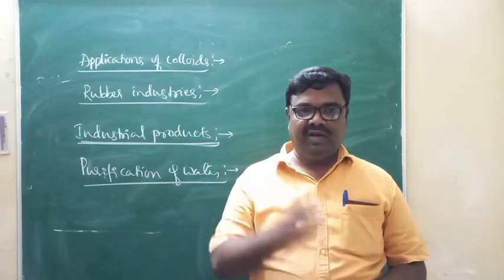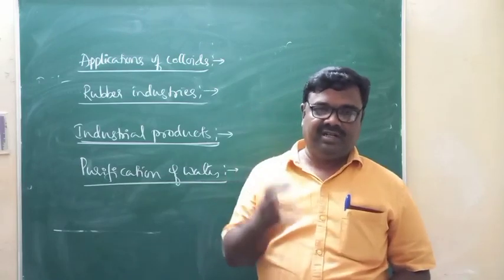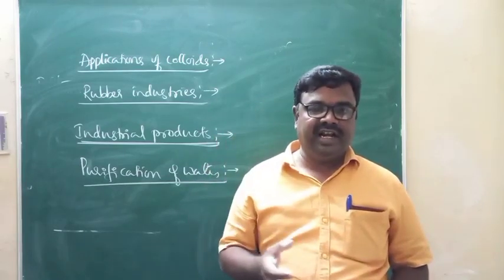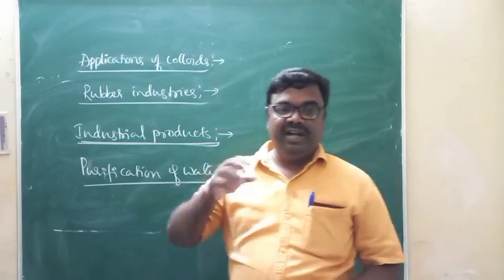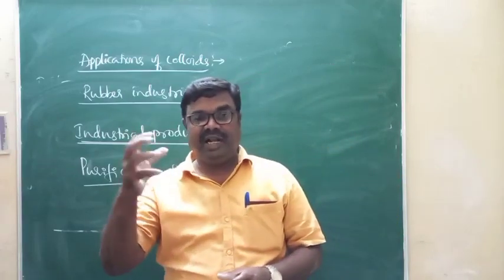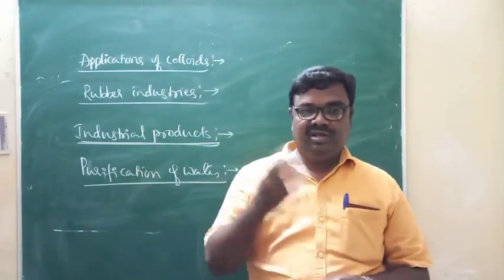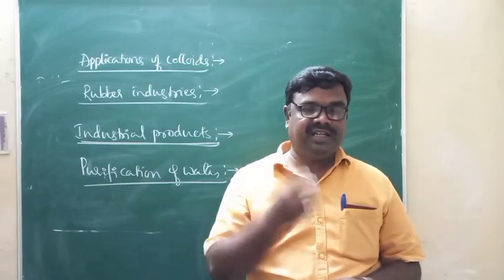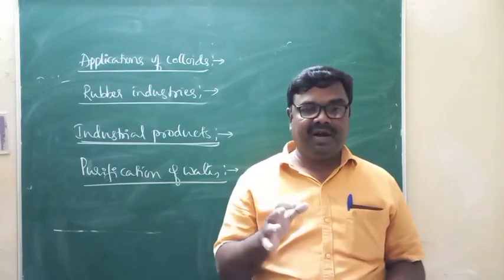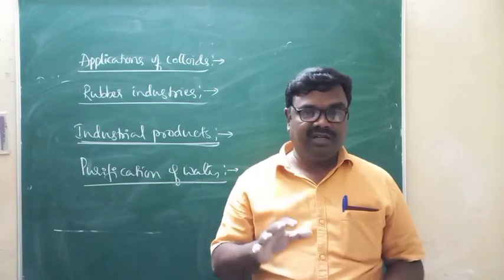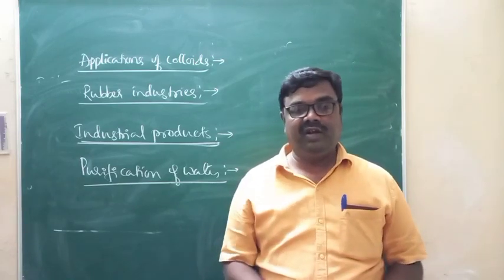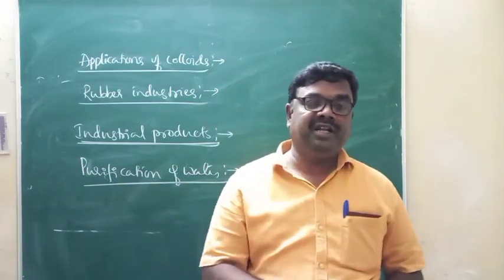When that impure water containing colloidal mud particles is stirred with potash alum, coagulation of the colloidal mud particles takes place, thereby all the mud particles settle down, and you are left with clean water at the upper region.